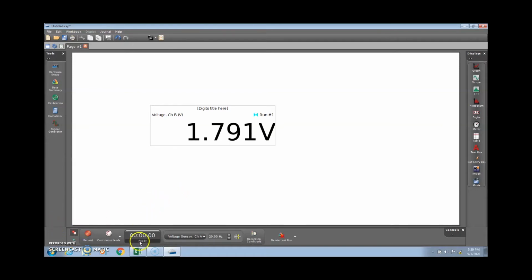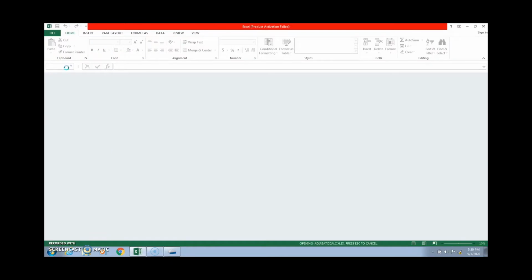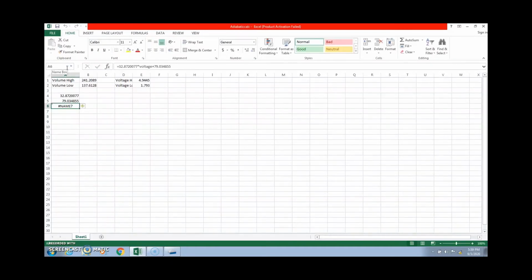So I've already determined the equations here. This is the volume in cubic centimeters. The inner cylinder diameter was 4.437 centimeters, and there it is at its highest point.